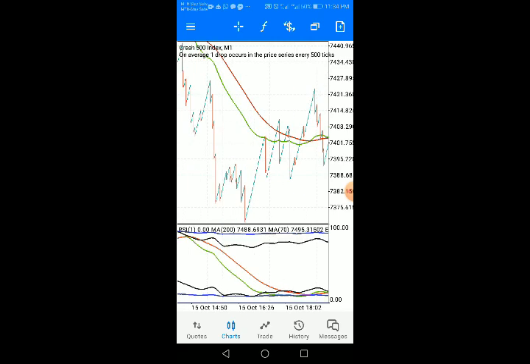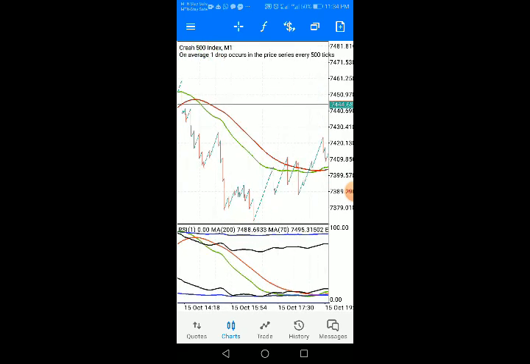Make sure it's completely moved to the end of the screen like this. The first thing you need to look out for is that the green MA has crossed above the red MA. That's the first thing you want to look out for.